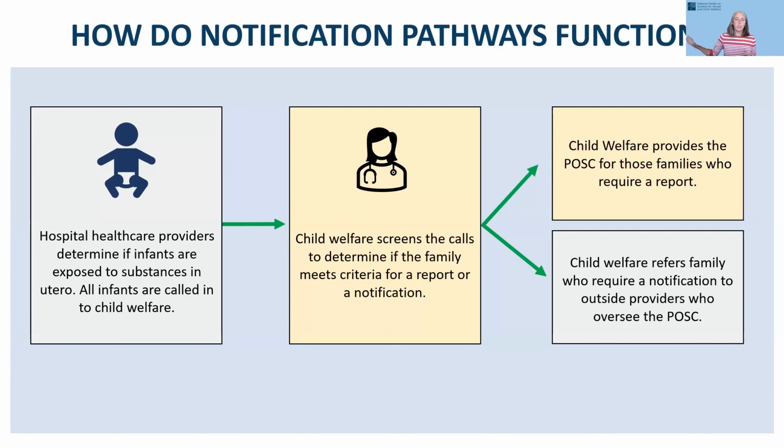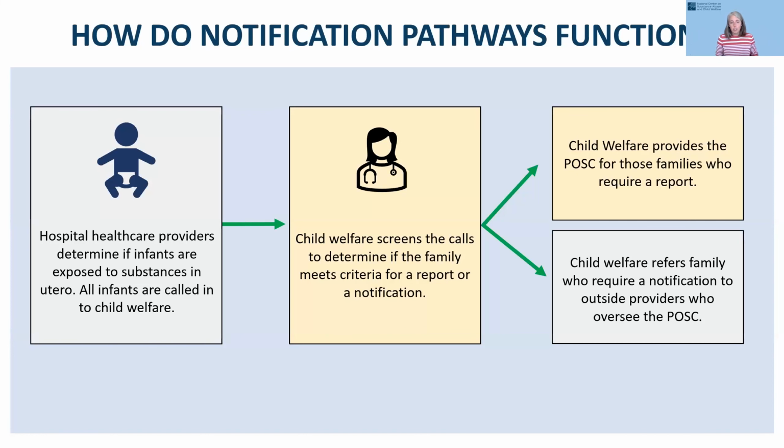And again, this looks different depending on where you are. So it might be you're in Rhode Island and that maybe goes to public health. Or I think I was talking with a team, I think it was in Louisiana, but I might be misremembering, where there was an MOU in place to allow child welfare to send those families over to public health, and then public health does the plan of safe care. But child welfare acts as the decision maker.